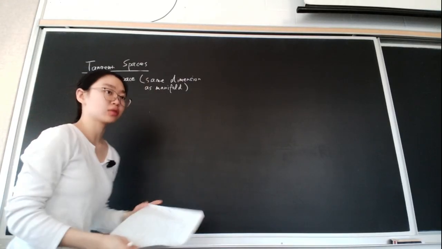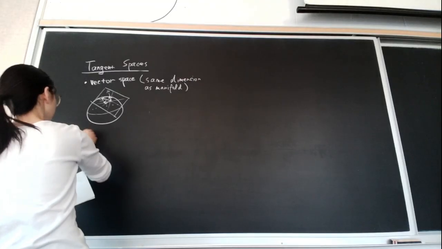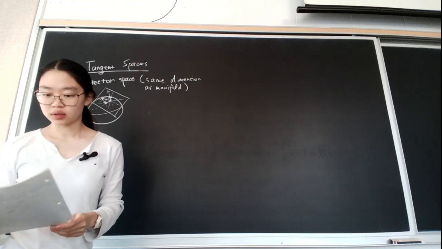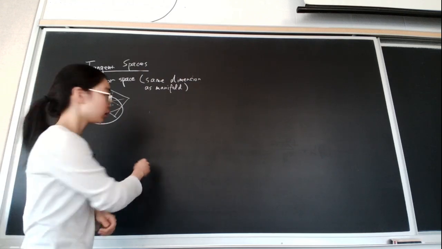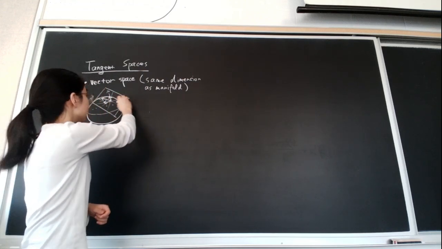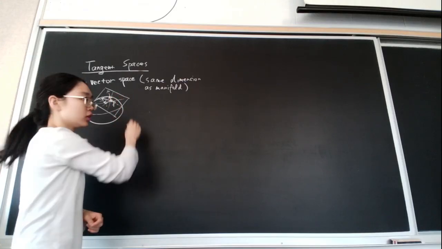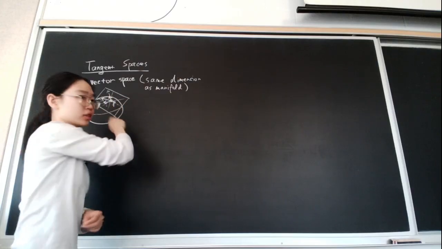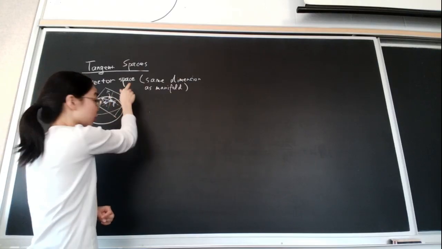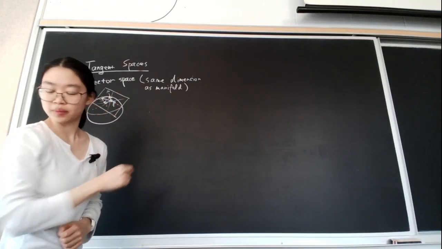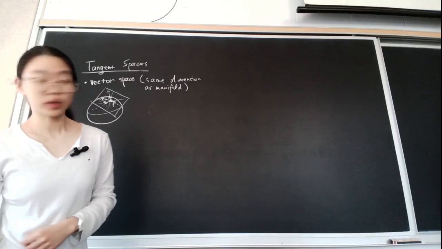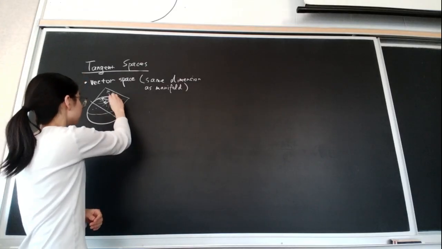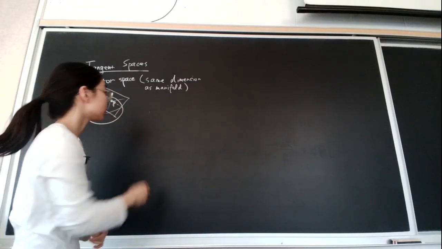And another intuitive way of thinking about a tangent space is that it's sort of all possible, let's say this is a point on the manifold. The tangent space should contain all possible directions that you could travel in when you're at this point P. And one way that you can capture this information is to look at all possible derivatives at this point.